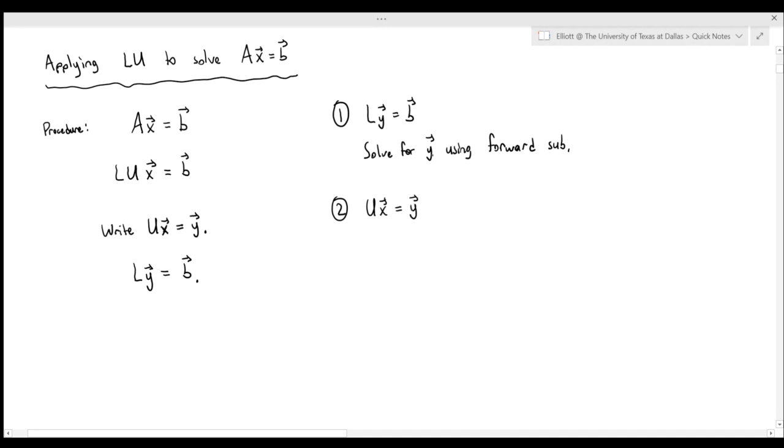And now, since you've solved for y, you can use it in this equation to solve for x. Since U is upper triangular, you'll be able to solve for x by doing the usual back substitution, since it's already upper triangular, so you don't need to do the elimination, all right?